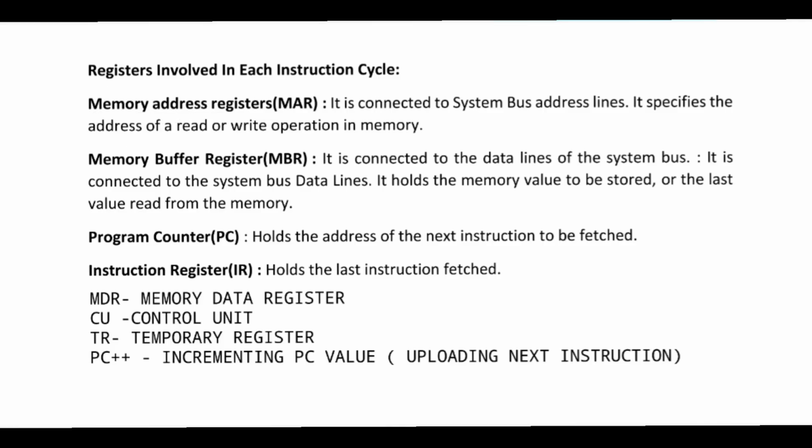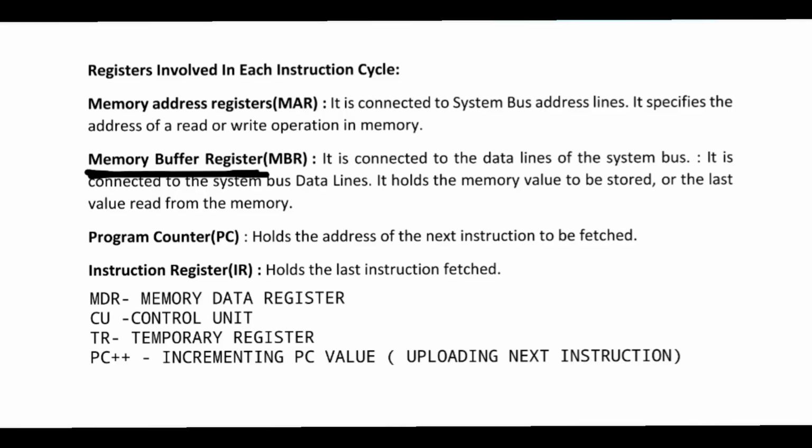Then there is the memory buffer register. This register holds the memory data or memory instructions. Memory can store both data and instructions. The memory buffer register can store both data and instruction.